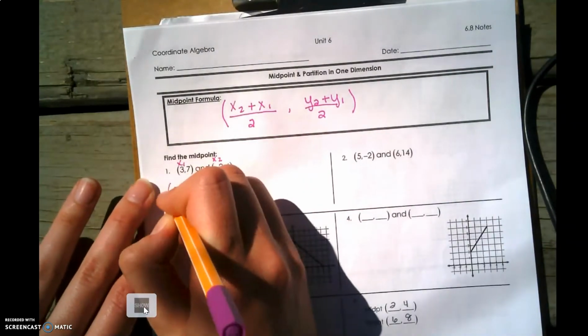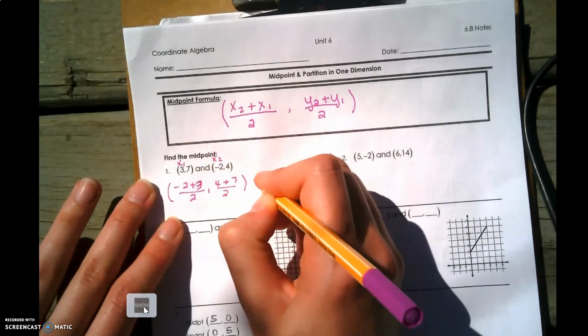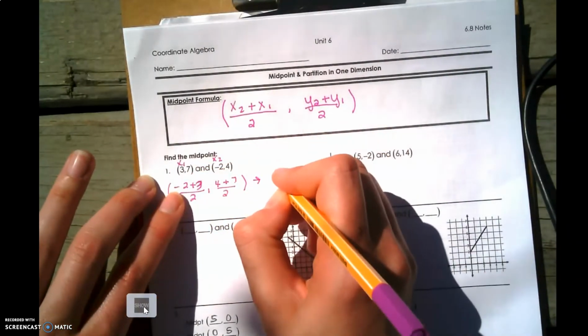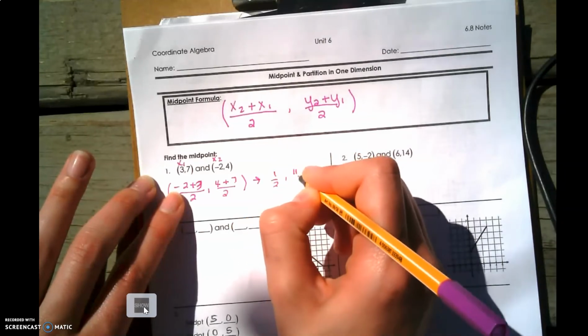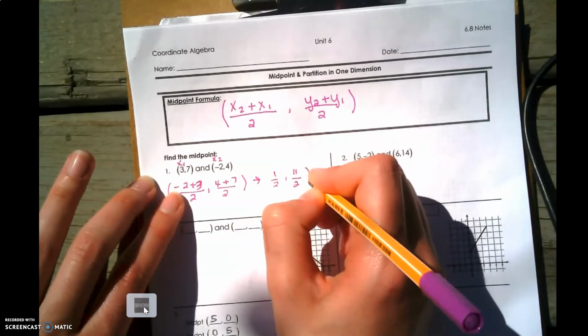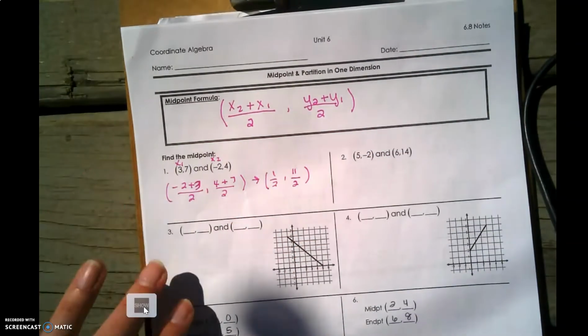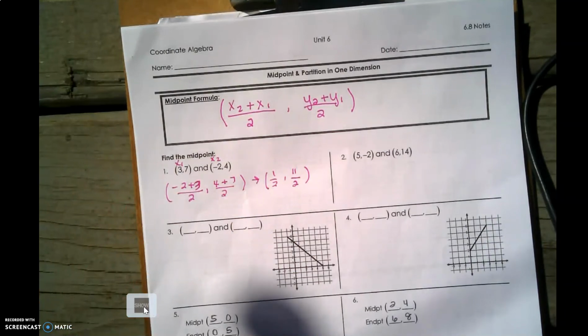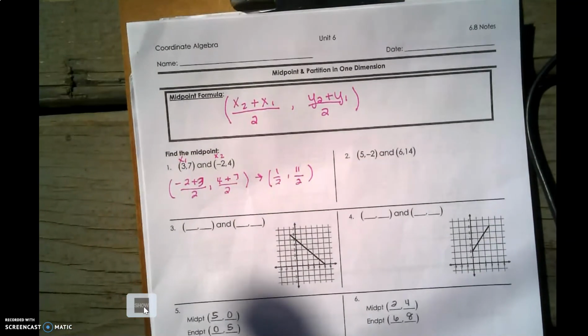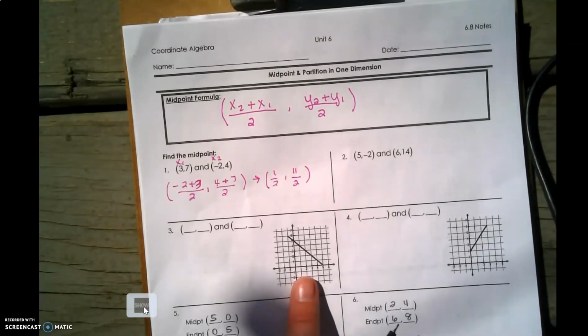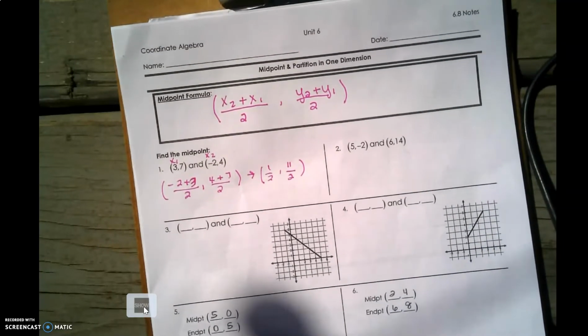So if we go to simplify that, because of course we have to simplify, 3 minus 2 is 1, and 4 plus 7 is 11. And for problems like this, we can just leave them as fractions. If you need decimals, you should know 11 halves is 5 1/2, okay? Especially if we were going to graph it. We can pull it off of a coordinate plane.